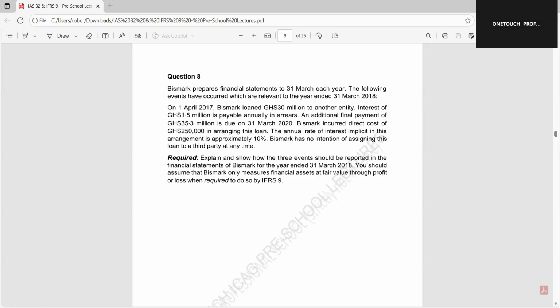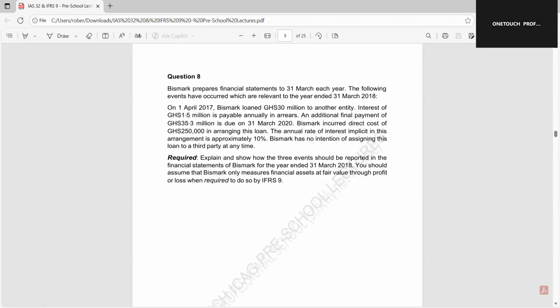Now, what is the business model objective? It is to keep it up to maturity. They even made it clear that Bismarck has no intention of assigning this loan to third parties at any time, so no intention of selling it. So it should be at amortized cost.